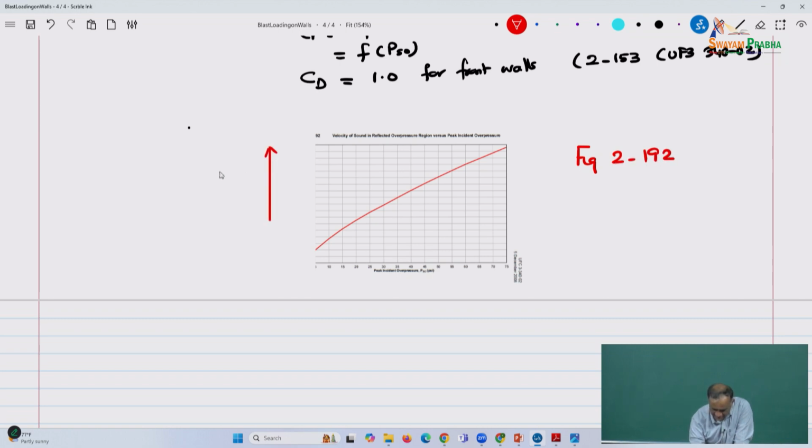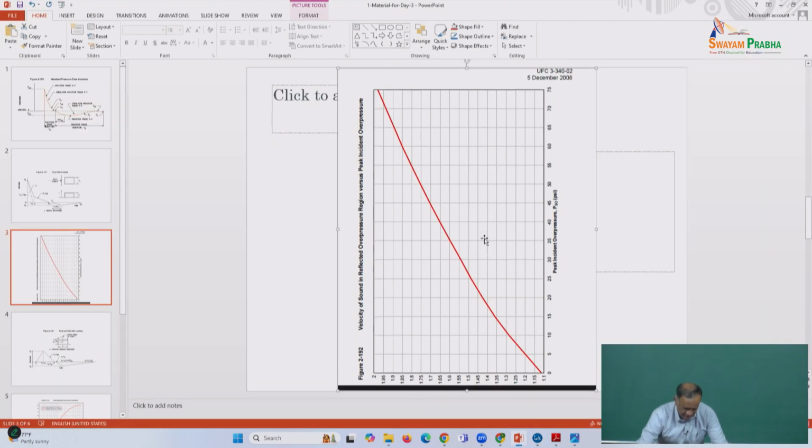Basically here you have CR, and this, if you see, is PSO in PSI. It goes from the incident overpressures of 0 to 75, and these values go from 1 to 1.1 to 2, and the units, I believe, could be feet per millisecond, right?